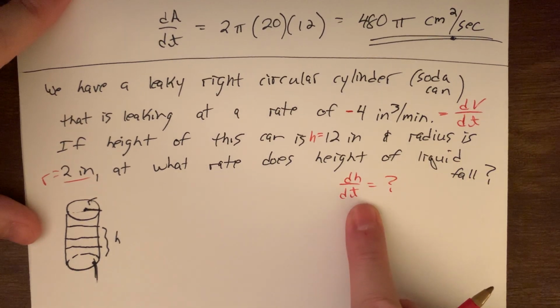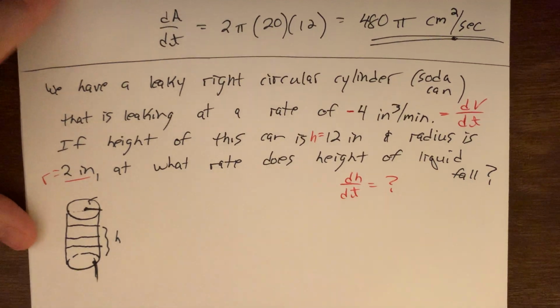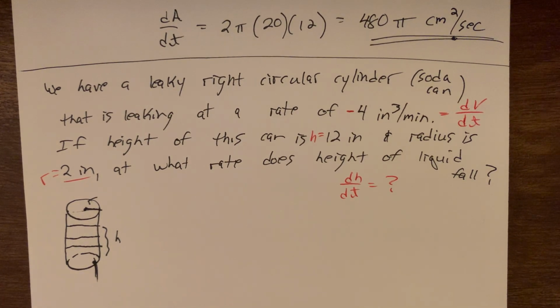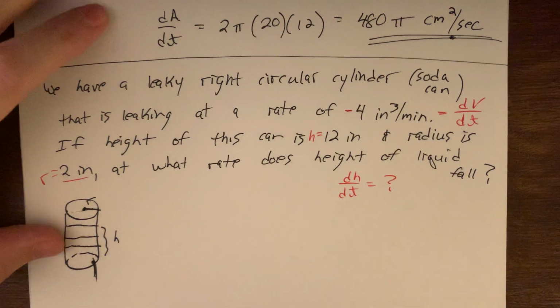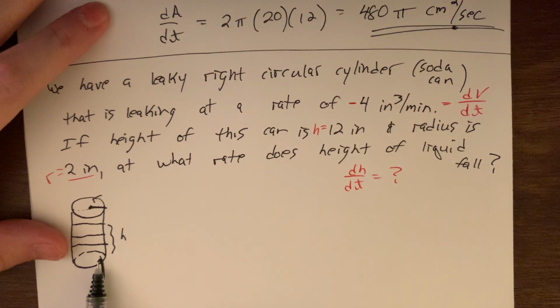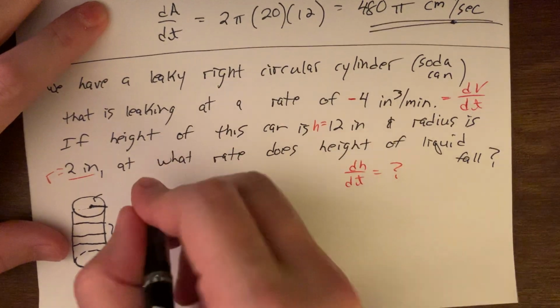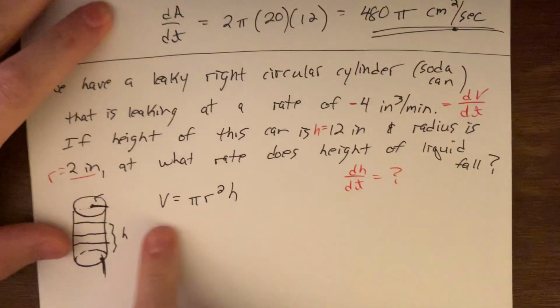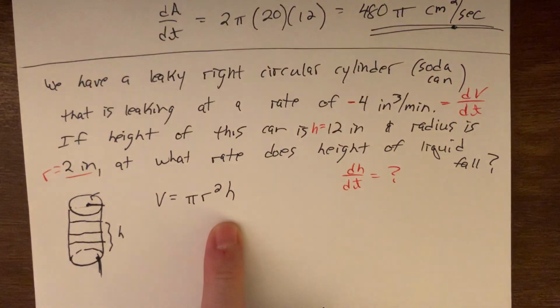We want dH/dt. We've got a little picture that'll help us, but now we have to figure out what is the association between V and H. And in this one, it can't just be limited to V and H. I'm looking at volume of a can like this, volume of a right circular cylinder, and our volume formula is pi r squared H.